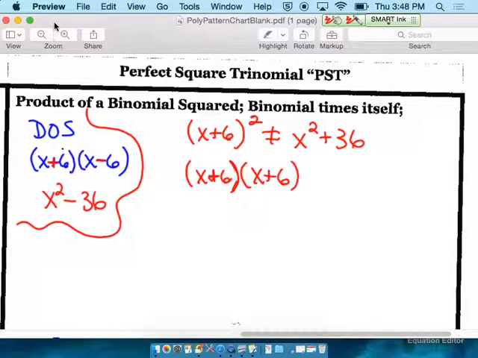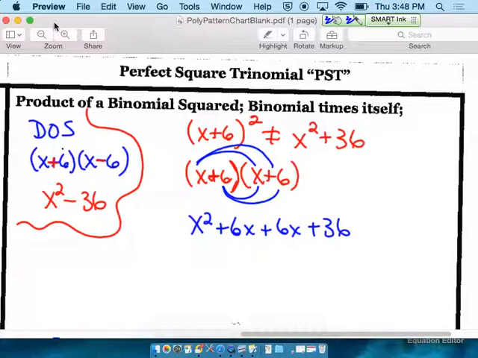X plus 6 times x plus 6. And when I do that, my first term is x squared. My second term is 6x, and then I have 6x again, and then I have 36. So when I combine like terms, I have x squared plus 12x plus 36.